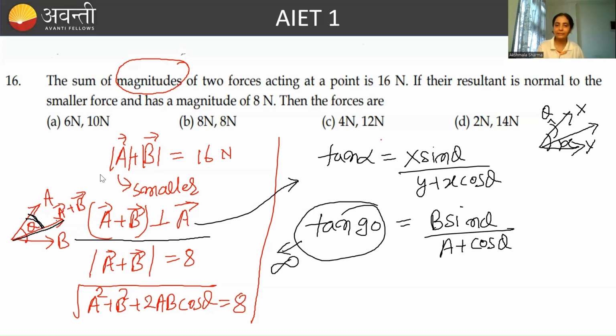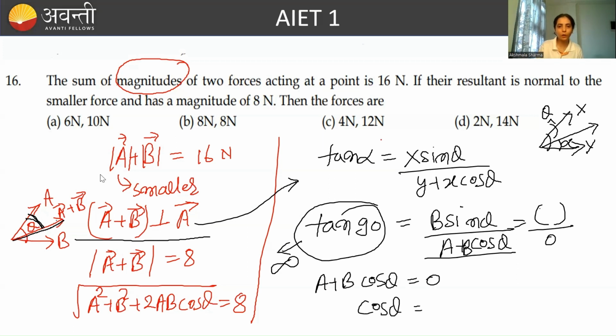And if this is infinity, it means it is some constant divided by 0. So it has to be, sorry, A plus B cos theta must be equal to 0. It means cos theta is equal to minus A by B.